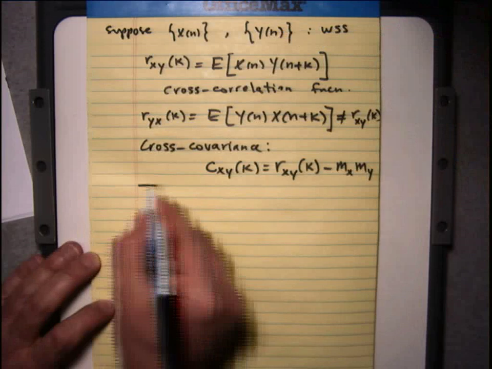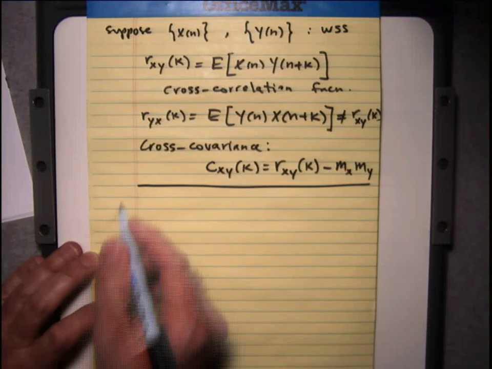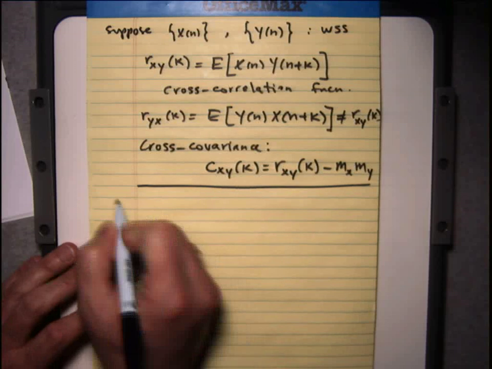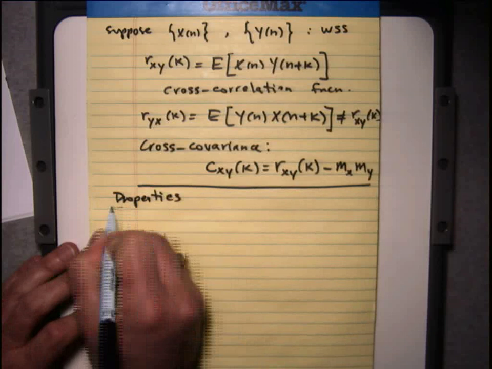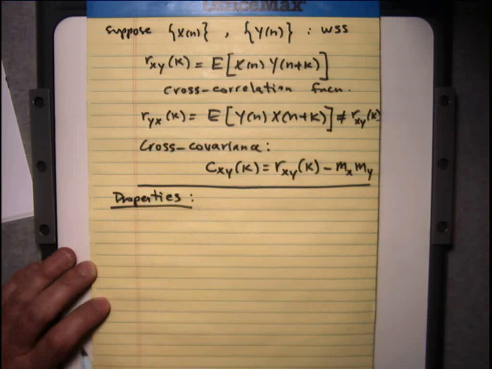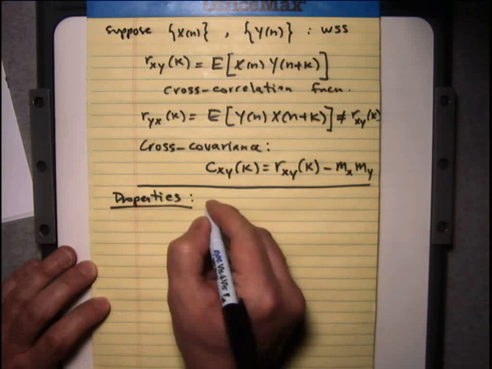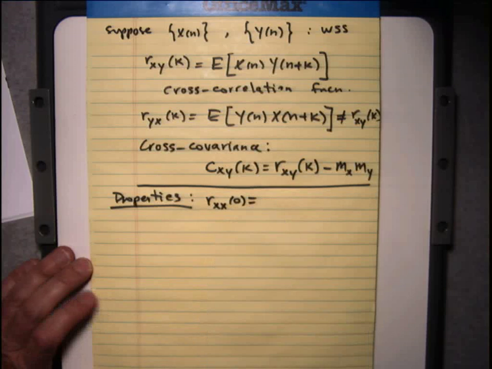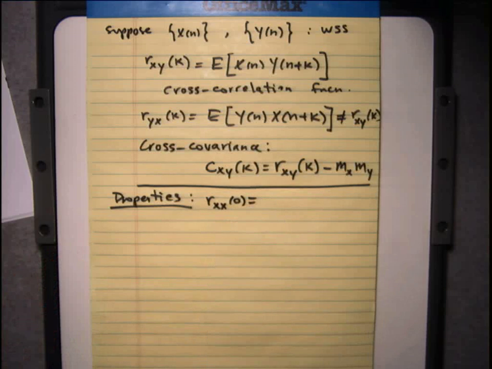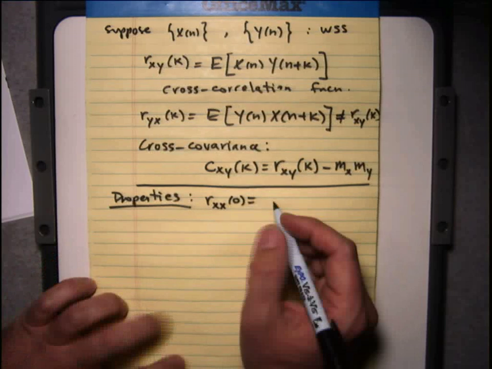Okay, so now there's a lot of properties that these things satisfy, which we need to discuss. So first of all, let's think about this. Rxx at 0. What is the autocorrelation function at a lag of 0?